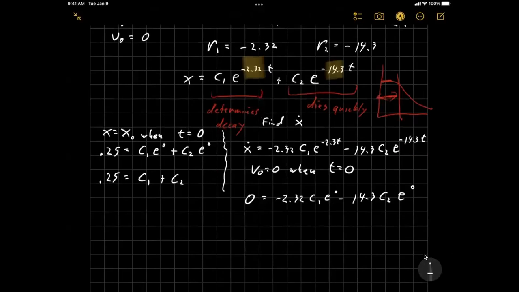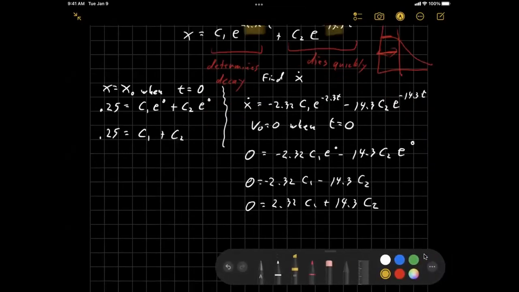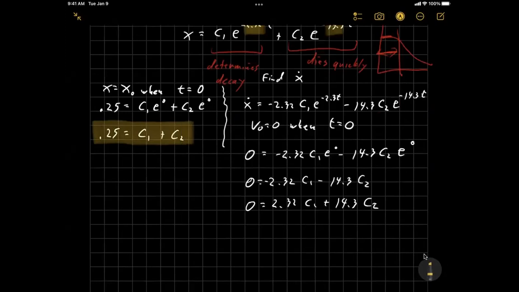So we end up with 0 is equal to negative 2.32 C1 minus 14.3 C2. We can make that all positive and say this is 2.32 C1 plus 14.3 C2. Get rid of the negatives; usually we make fewer errors when we do that. And then we have 2 equations with the same 2 unknowns.